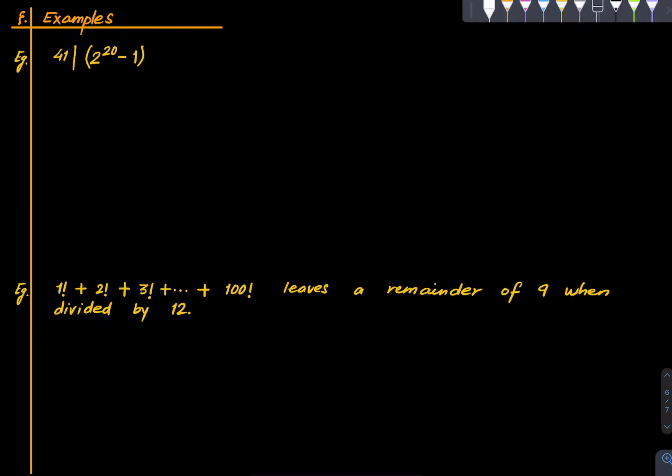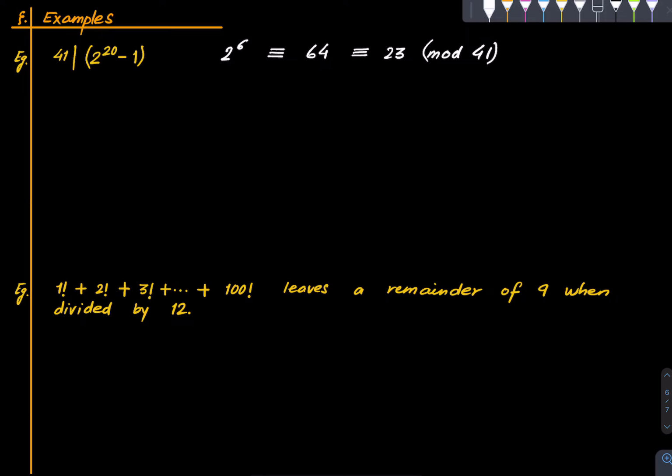So what we have is the following. 2 to the power 5 is 32. What is 2 to the power 6? 2 to the power 6 is 64, and 64 is congruent to 23 modulo 41.